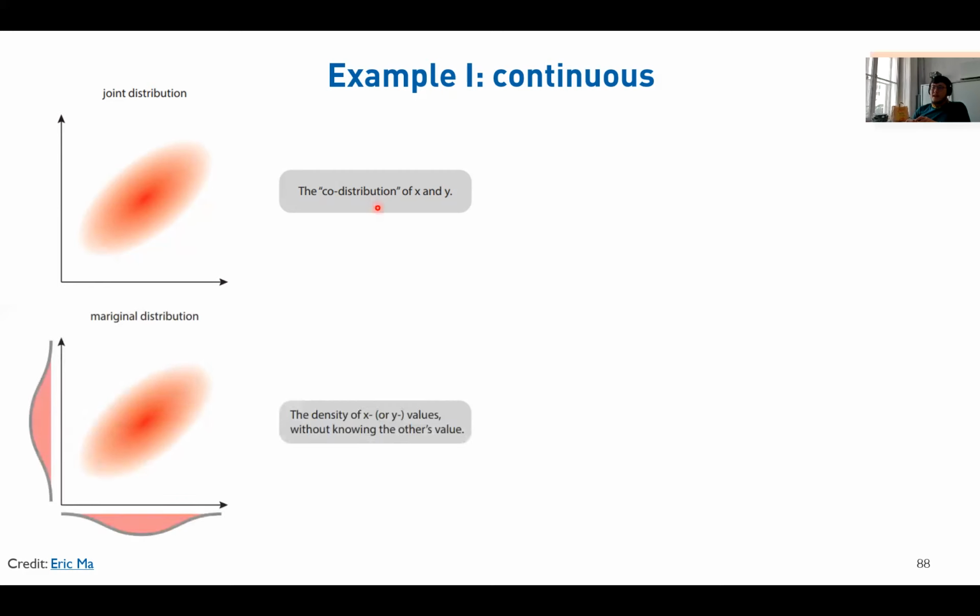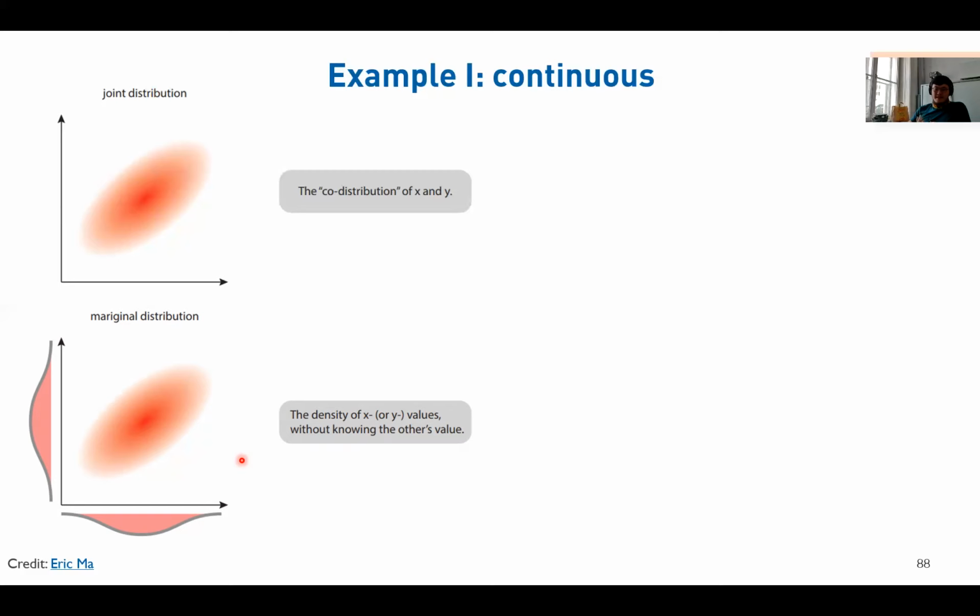Good. And then if you look at the margin, the distribution of the x-axis irrespective of the other one, and here the distribution of the y-axis irrespective of x, then you get a marginal distribution.